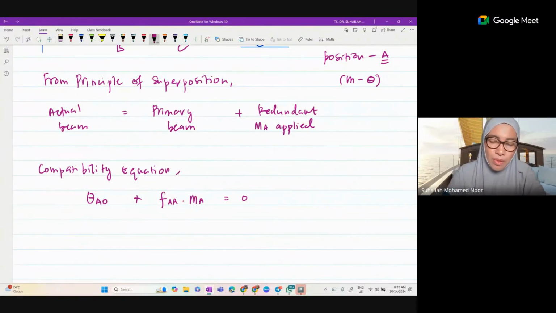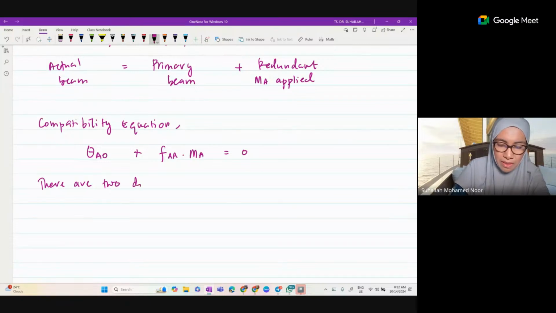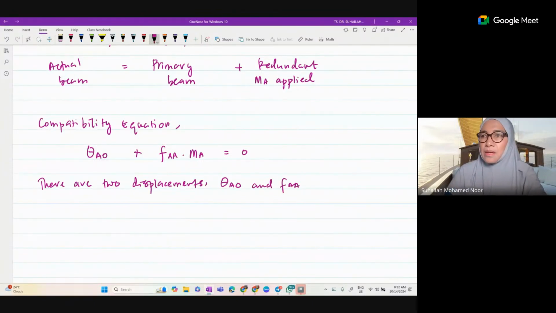From this, we know that we will have to calculate two displacements: theta A naught and FAA. What is theta A naught?